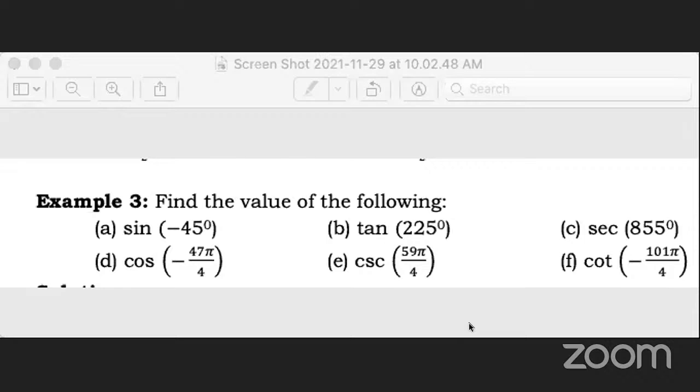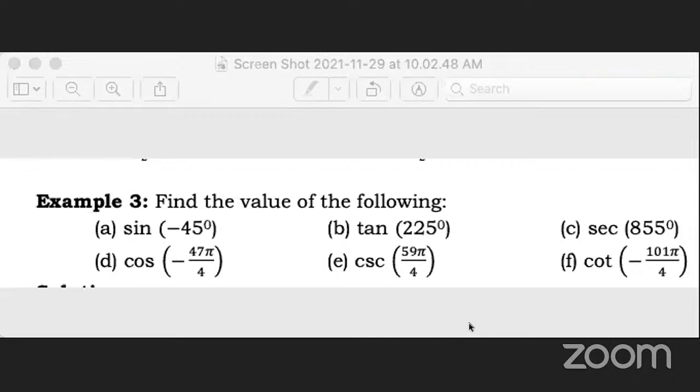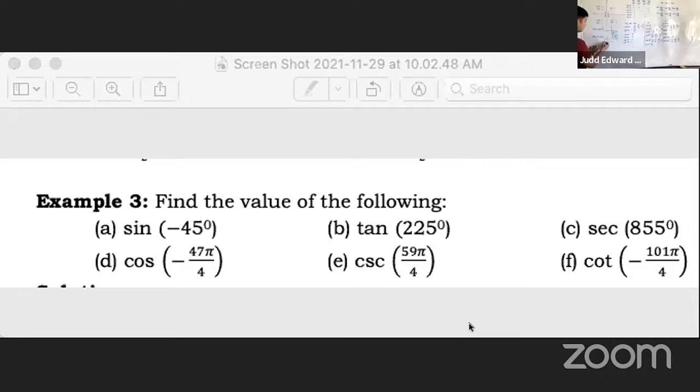Okay. Next, tangent 225. If this is tangent 225, where can we find tangent 225? Graph natin. This is 180. Ano yung kailangan ni 180 para maging 225? 45. This is 45 degrees. Is 45 degrees our reference angle?